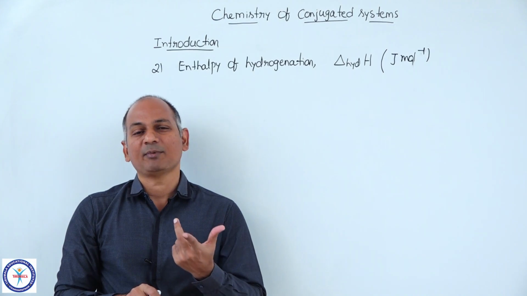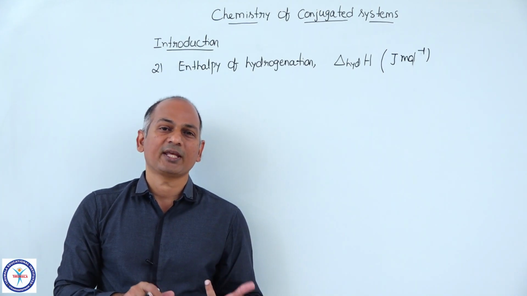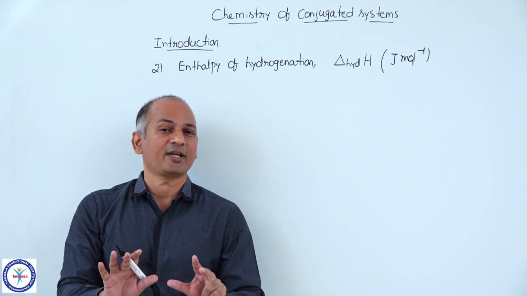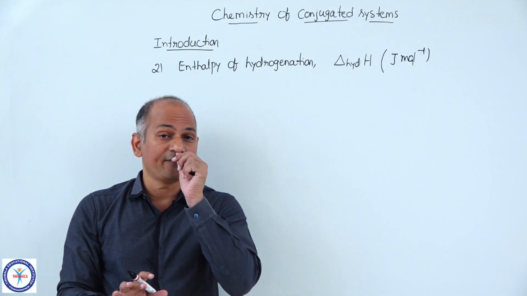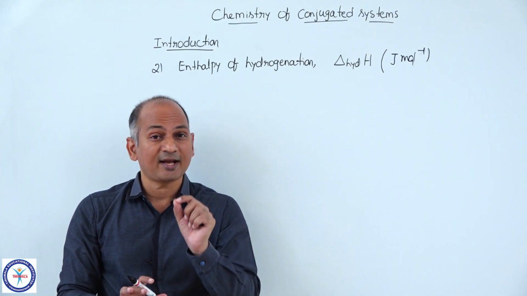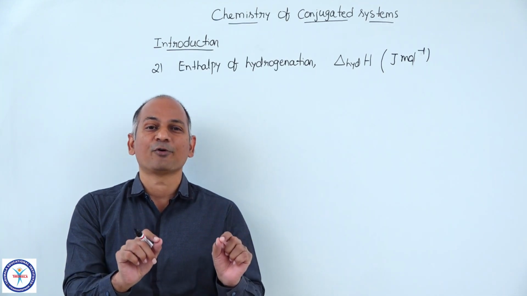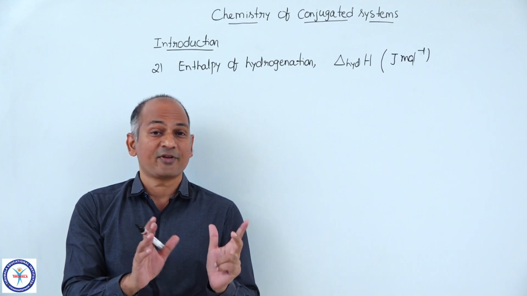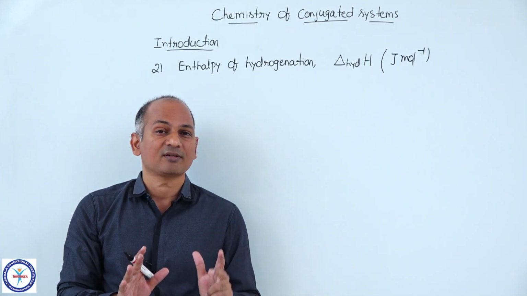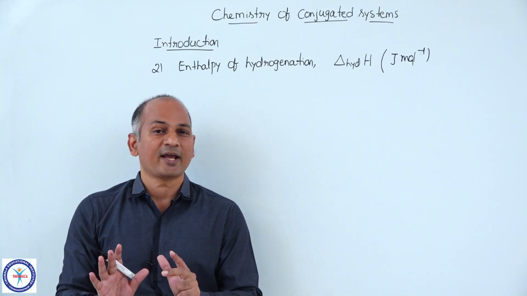That may be ethene, benzene, 1,3-butadiene, whatever it may be, but it is per mole of the organic compound, not per mole of hydrogen. But if the examiner specifically mentions hydrogen, then you take it for hydrogen. Otherwise, by default, by definition, it is per mole of the organic compound.